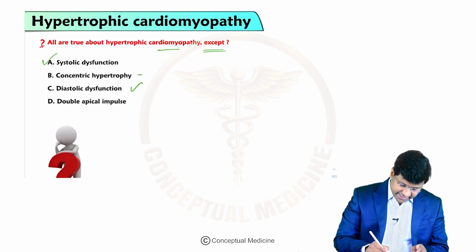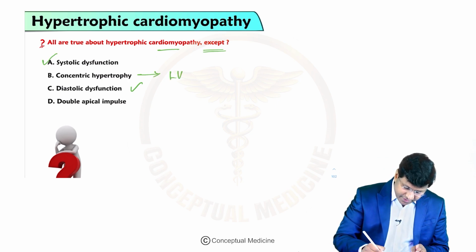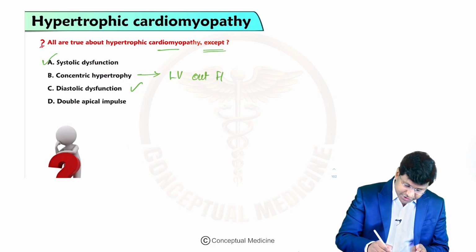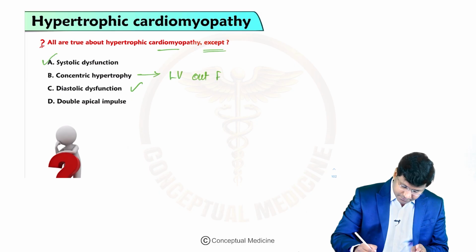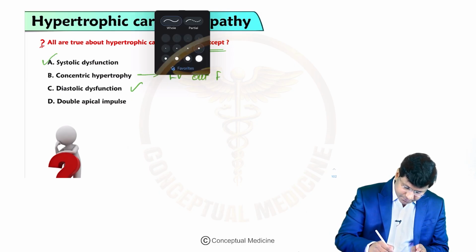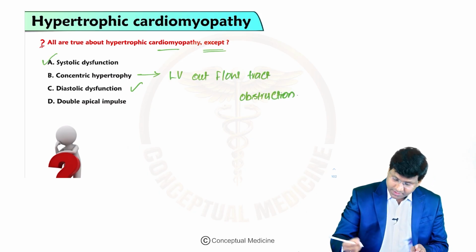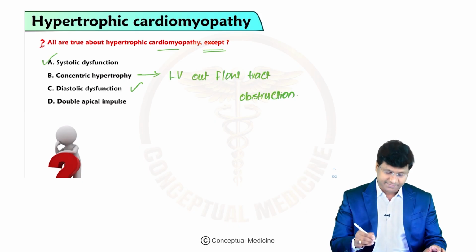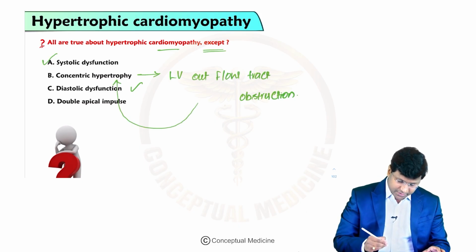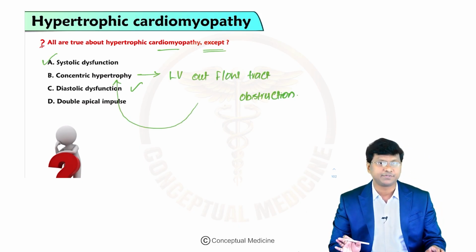Why is there concentric hypertrophy in hypertrophic cardiomyopathy? It is due to left ventricular outflow tract obstruction, which makes the individual develop concentric hypertrophy.